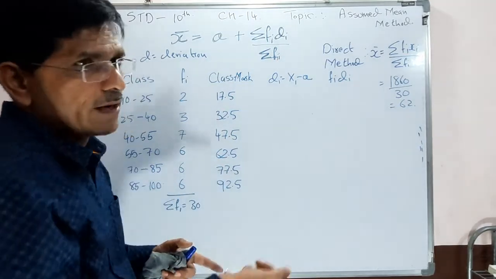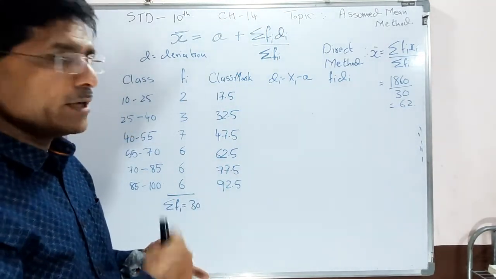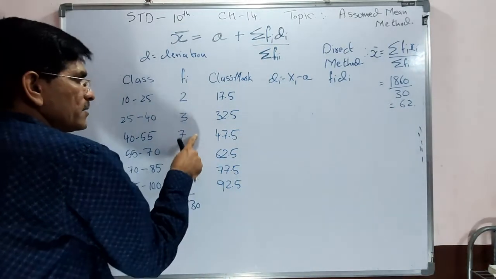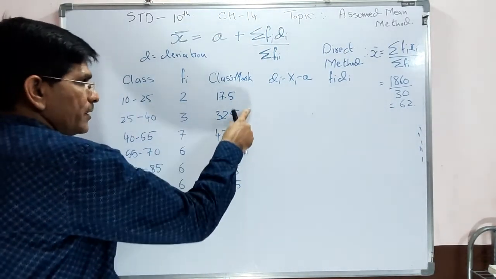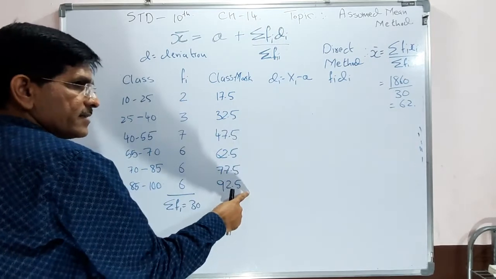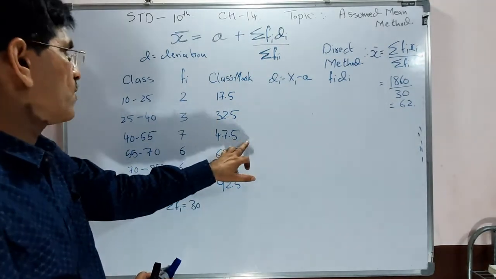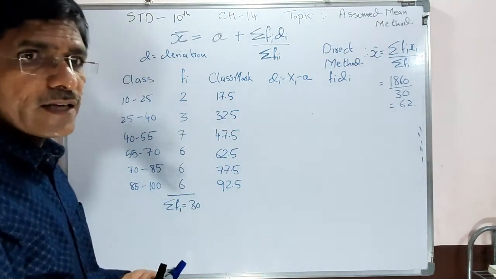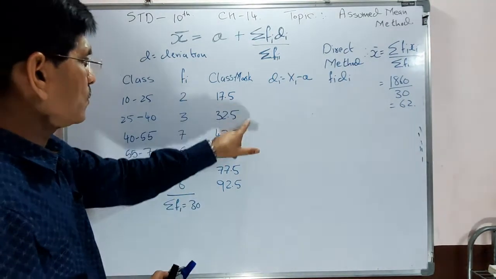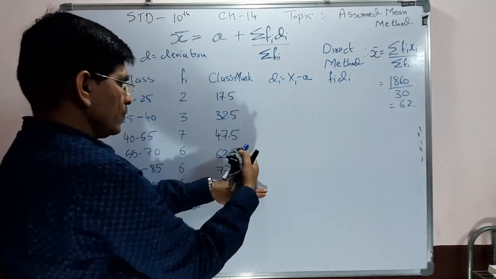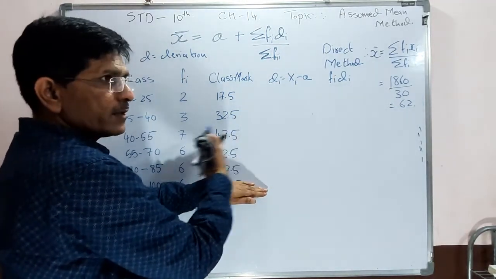Generally the formula is n divided by 2, that is 6 divided by 2, that is third. So we assume it from the third class. If 5 classes are there, then what do we do? 1, 2, 3, 4, 5, so we have to take the middle.